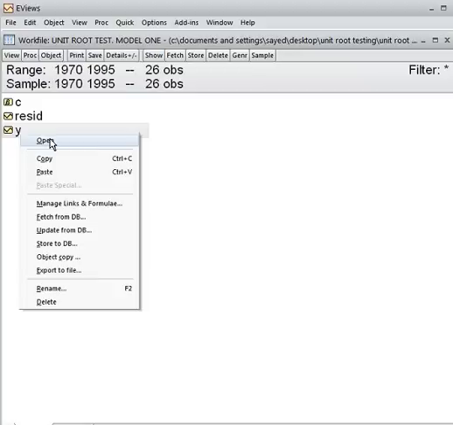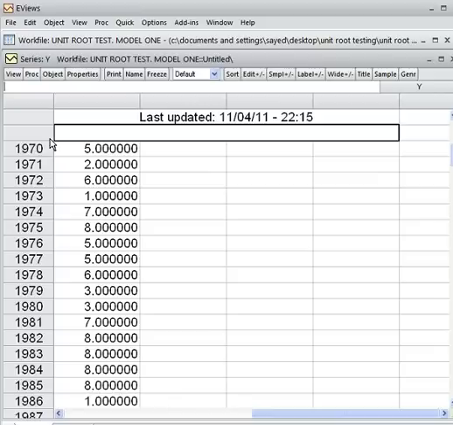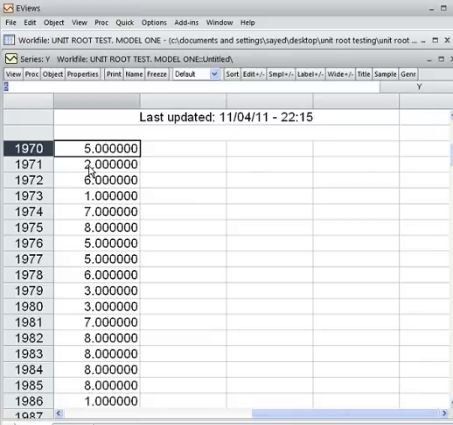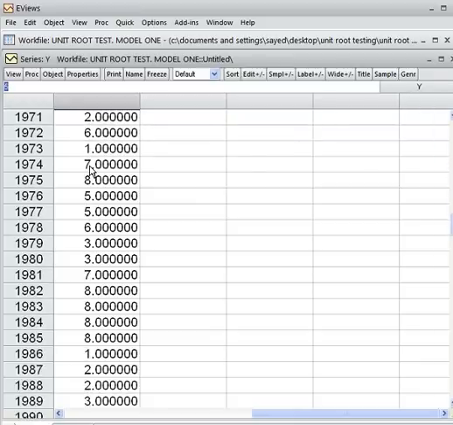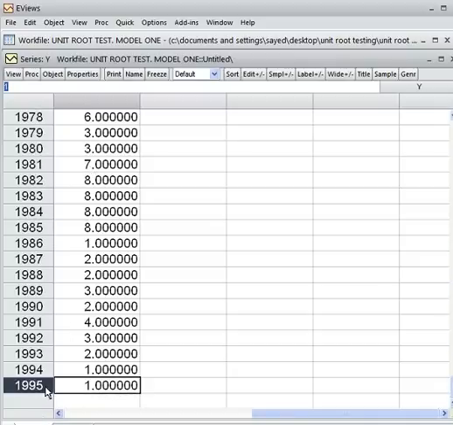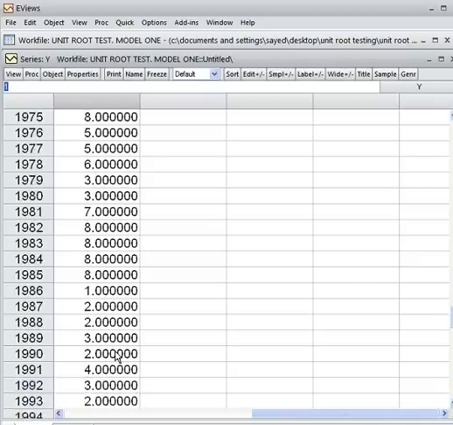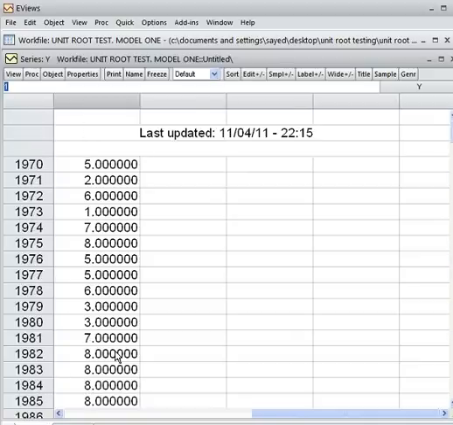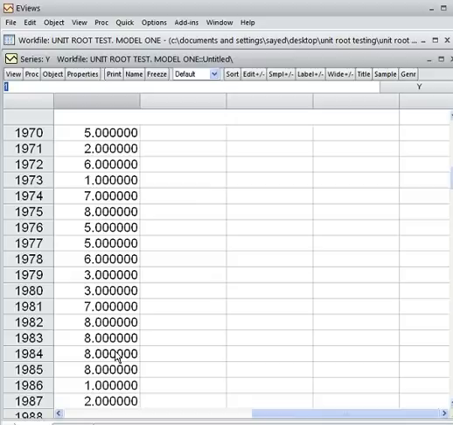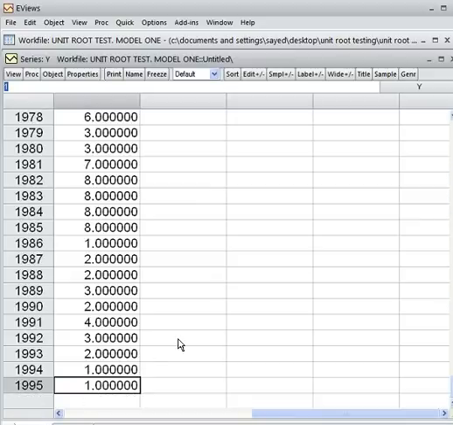So I'd like to open the y variable. You can see the y variable here, right? It starts from 1970 to 1995.